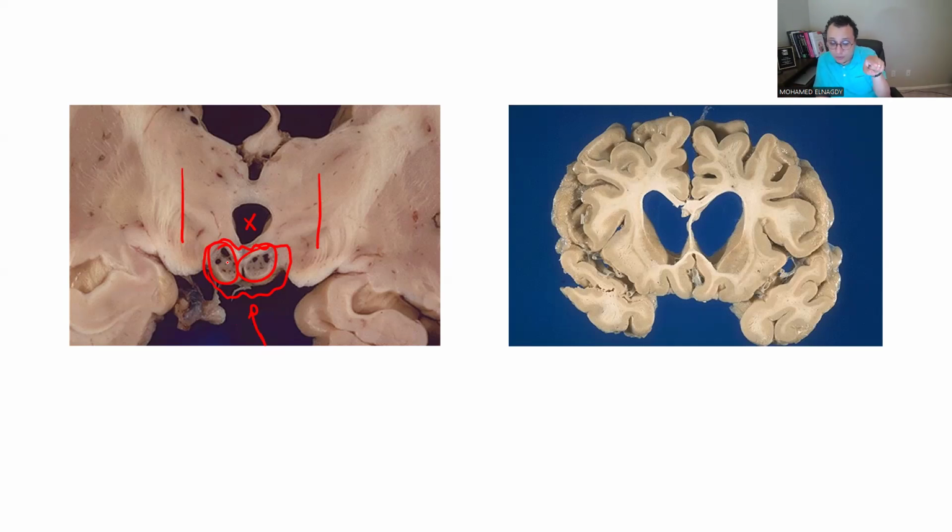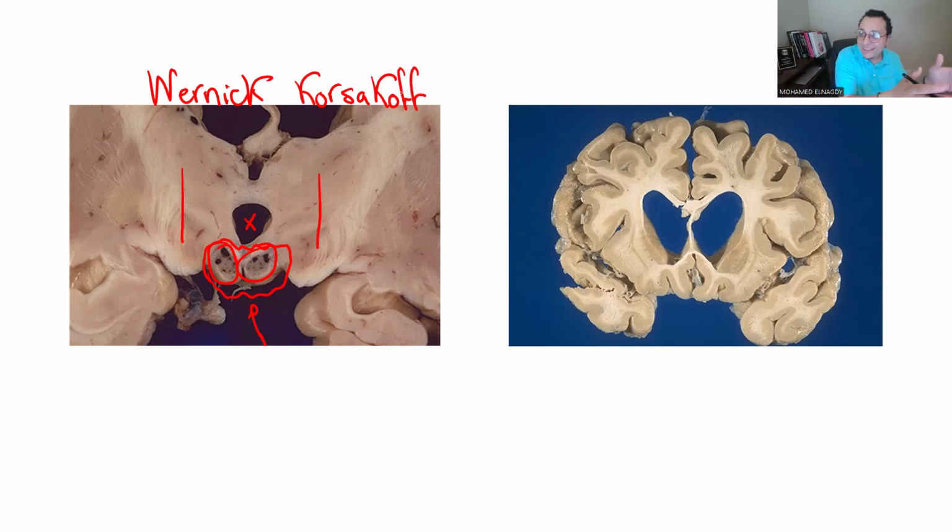What is this called? This is called Wernicke-Korsakoff syndrome. In Wernicke-Korsakoff syndrome, there is degeneration in the mammillary bodies, and this leads to ataxia.